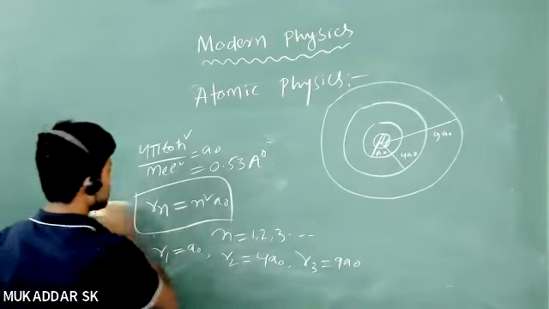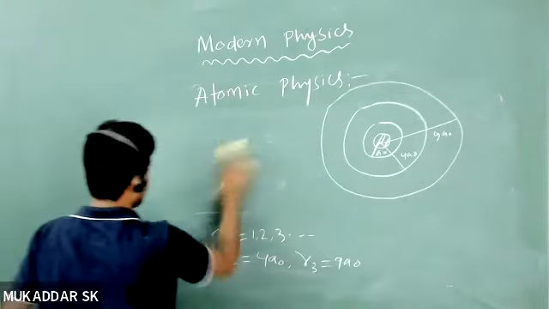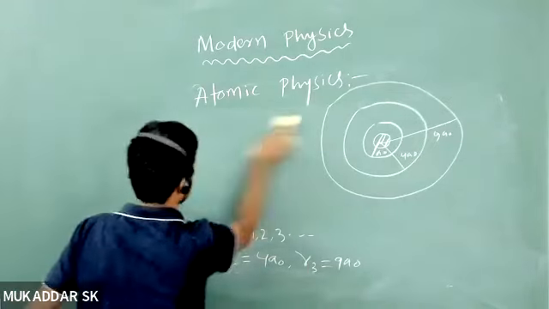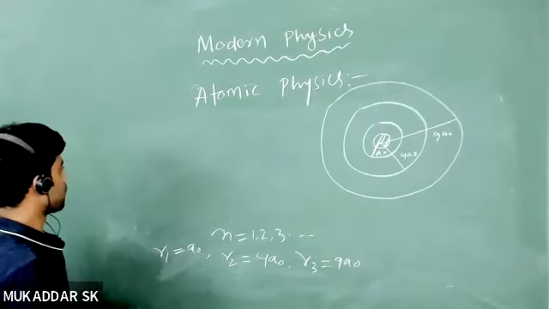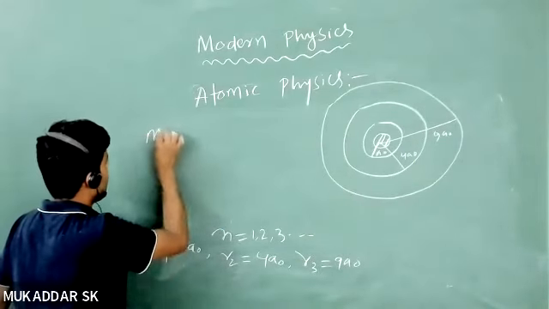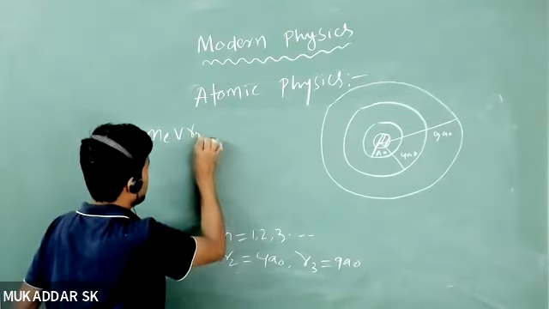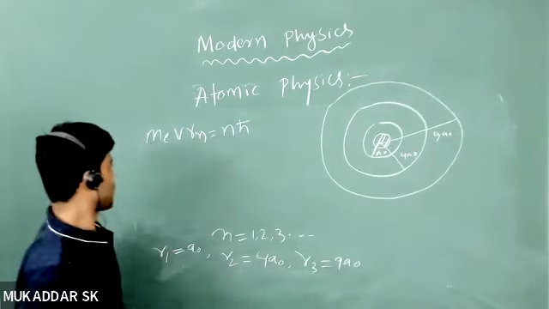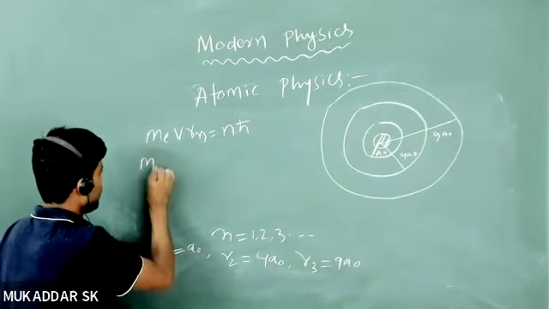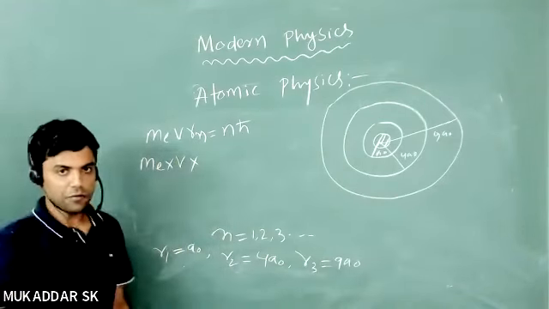Okay, so this is your expression for radius. Now we'll find the expression for speed. So how will we do that? We know the formula m_e v r equals n h cut. Now we'll calculate v by substituting Rn.